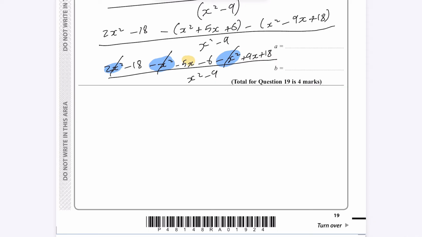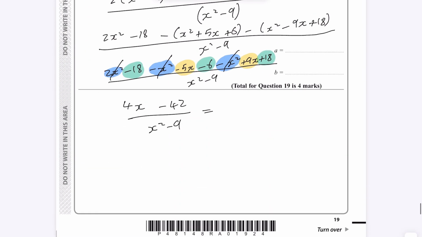If we now look at the x terms, that's minus 5x and we have plus 9x, so that becomes 4x. Finally we are left with minus 18, minus 6, and plus 18, so that gives us minus 42, all over x squared minus 9. The question wanted this in the form ax plus b over x squared minus 9, so a is 4, b is minus 42.